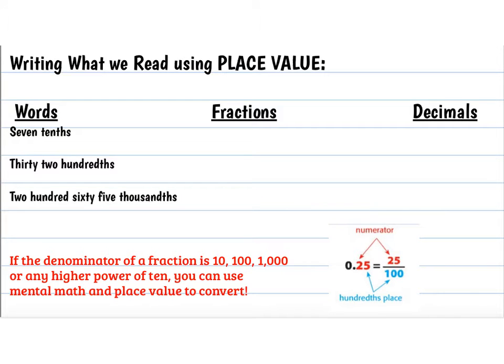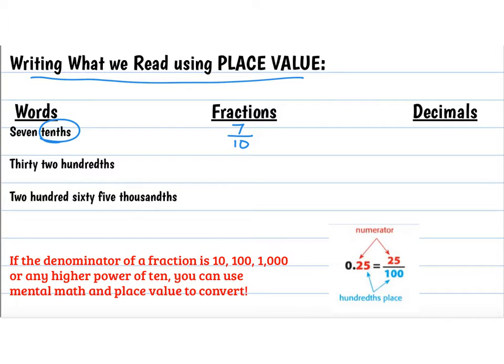Okay, so on here, let's write this down, writing what we read using place value. So write down this title, and then we're going to fill out this chart. So in word form, 7/10. If I were to write that as a fraction, I know there needs to be a numerator and a denominator, 7 being the top number, my numerator, and tenths tells me that my bottom number is going to be 10.